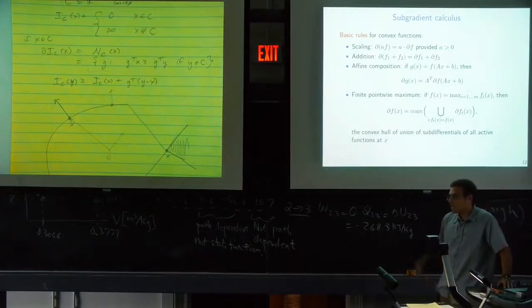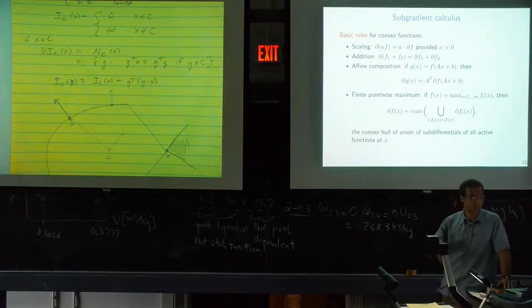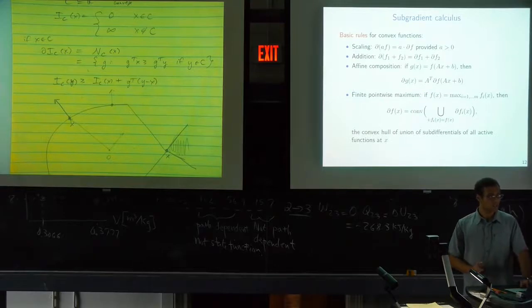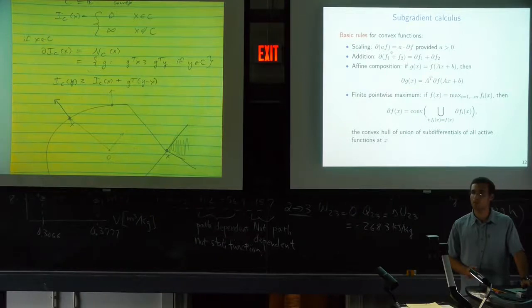So it turns out, like I said, that you can compute subgradients by building them up from knowing subgradients of more base functions, and then knowing how to propagate subgradients through a bunch of different rules. So one of them is scaling. If I ask for the subgradient of a constant a times the function, where that constant is positive, it's just a times the subgradients of the function.